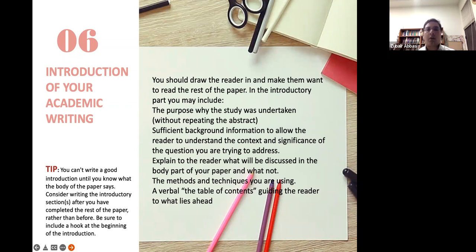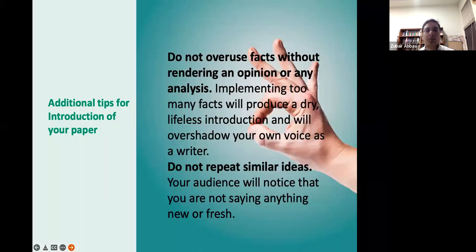What are your sources? How your paper is structured? So a good introduction must be written in the end, and it must provide the gist of whatever you have done in your research. And the reader should be able, after reading the introduction, to get the main summary or the main points of your paper.